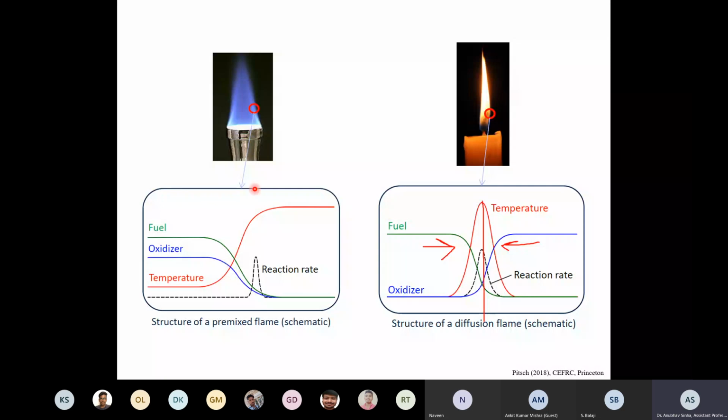If you look at the premixed flame, the temperature stays high because these are all hot burnt gases. While in this case, we have diffusion, all the species are diffusing, and the burnt products are moving out. So temperature is highest here and it gradually goes down around the flame. Okay. Is this fine? How the temperature and species profiles look for premixed and diffusion flames?